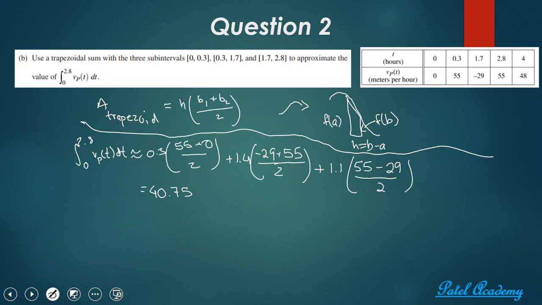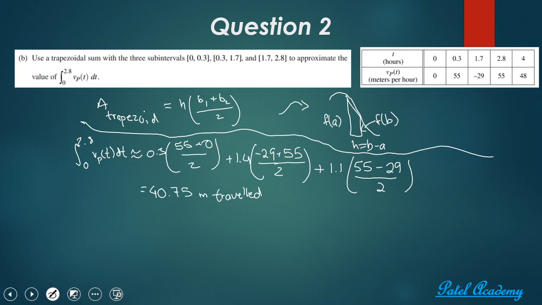Now in this case, it doesn't say to interpret our result or interpret the integral or anything like that. So all I'm going to say is that the trapezoidal sum value is 40.75. If we were asked to identify exactly what this meant, then I'd say this is 40.75 meters traveled. Because ultimately what this integral is telling us is the change in displacement.